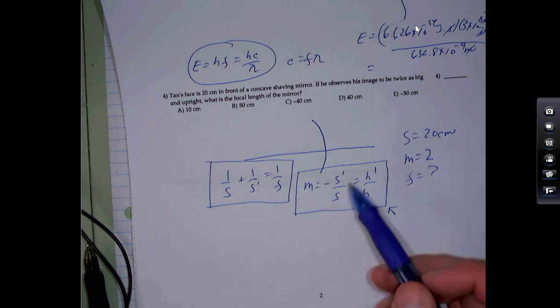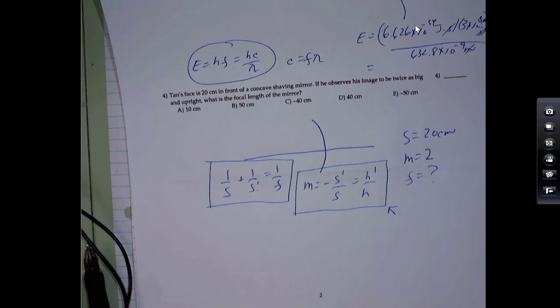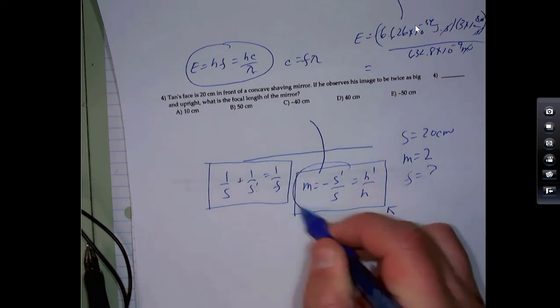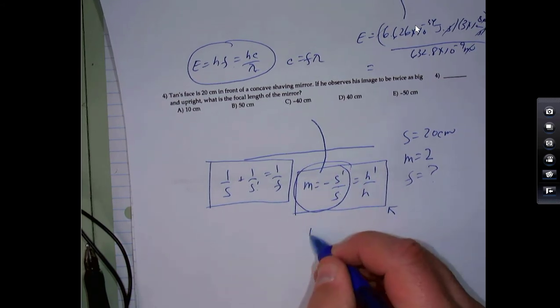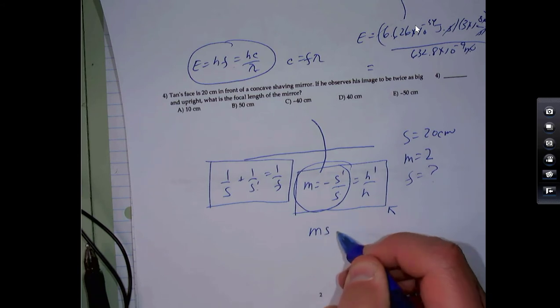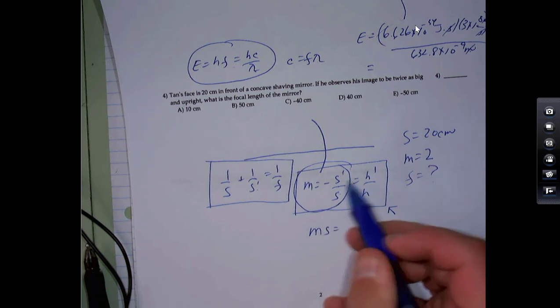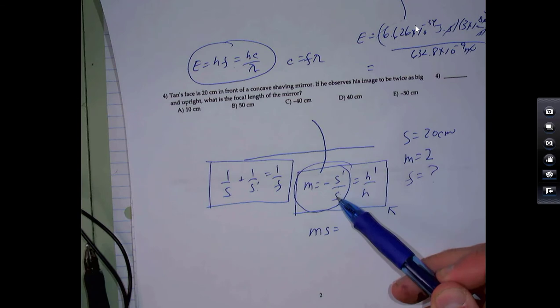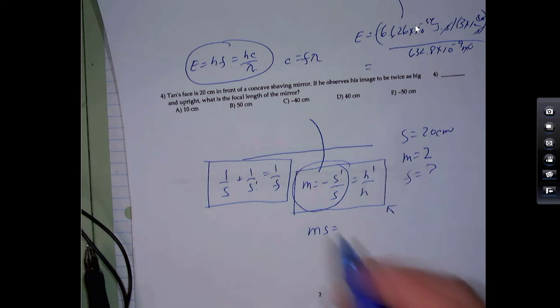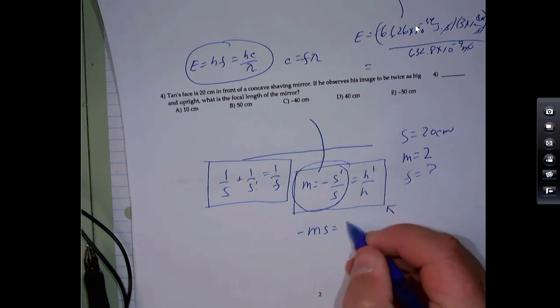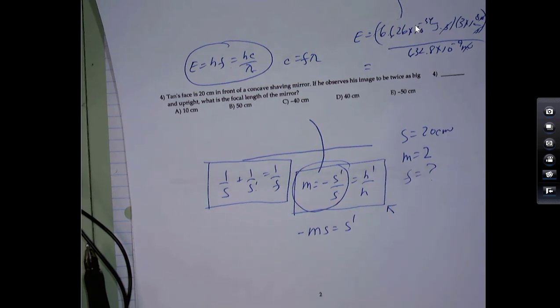So I'll use the second one here to figure out what s prime is. So m times s is equal to minus s prime. So, multiply both sides by s, and I'm going to put a minus sign there and make this s prime then. And then I can figure out s prime.